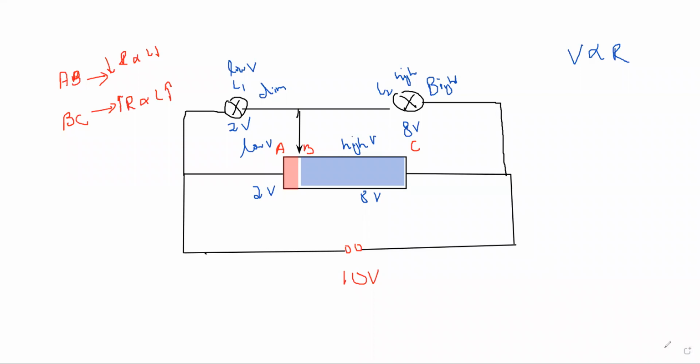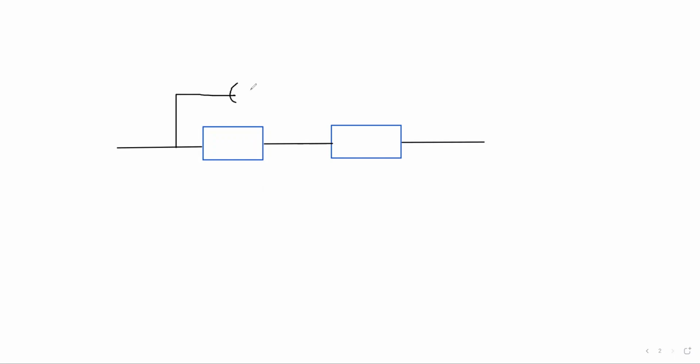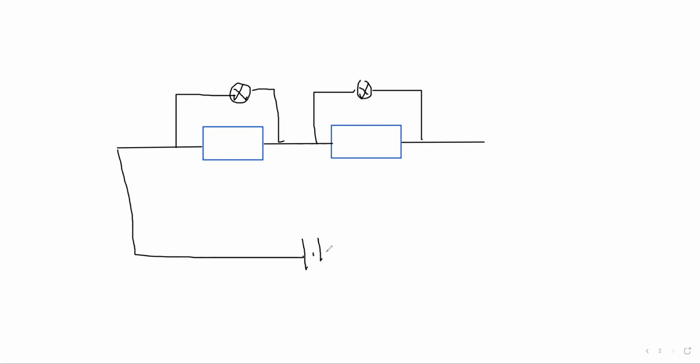Look, I will explain again with a simple example. If I say I have two resistors which are connected in series with each other, and I connect them with a supply of 10 volts.